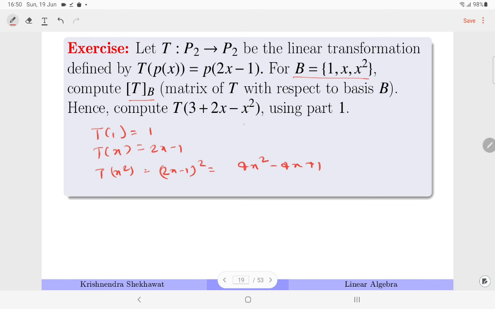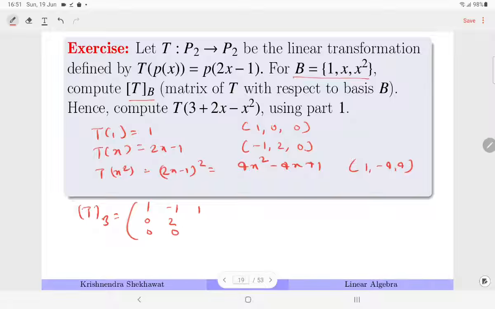So here the coordinates are 1 0 0, because 1 plus 0x plus 0x square. Here it is minus 1, 2 and 0, because we are considering the ordered basis, and here is 1, minus 4 and 4. So my required matrix is [1 0 0; minus 1 2 0; 1 minus 4 4].